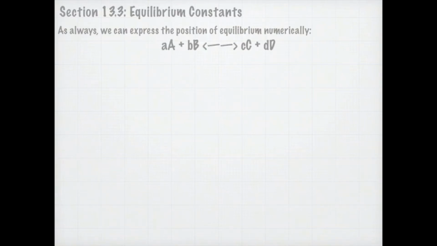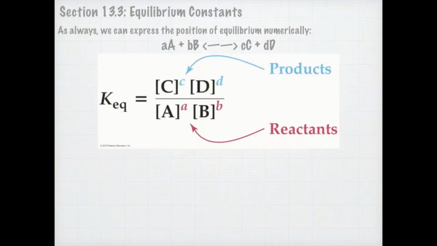If I give you a generic reaction like the one you see below, to find your equilibrium constant, which we represent with KEQ, your KEQ will be equal to the concentration of C, those brackets mean concentration, one of your products, raised to its coefficient, which is the little c, times the concentration of D raised to its coefficient, divided by your reactants: the concentration of A raised to its coefficient times the concentration of B raised to its coefficient.